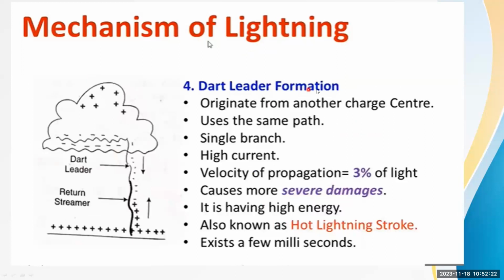So the dart leader originates from another charge center, uses the same path as the streamer, has high current, a velocity of 3 percent of light, and causes more severe damage. These are some important concepts regarding the mechanism of lightning.